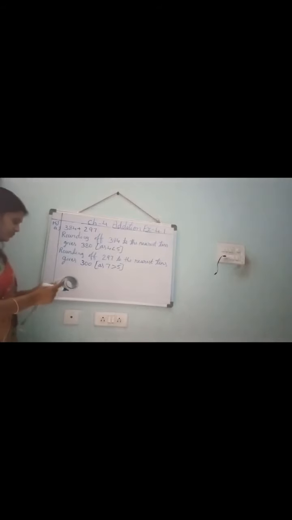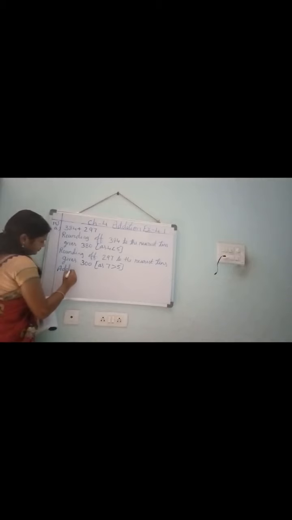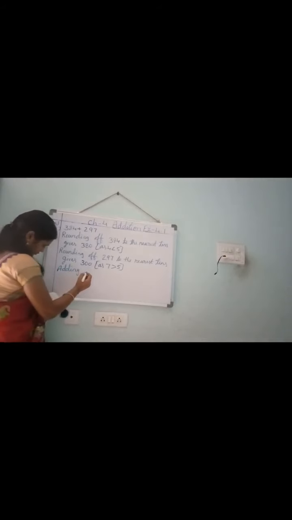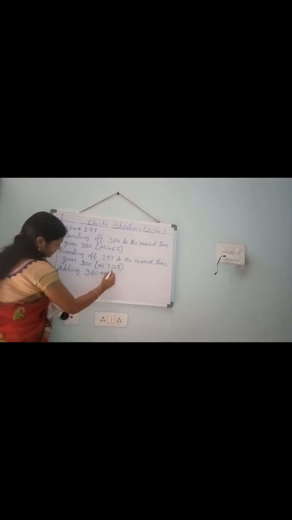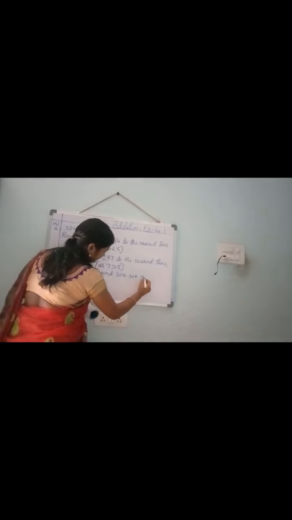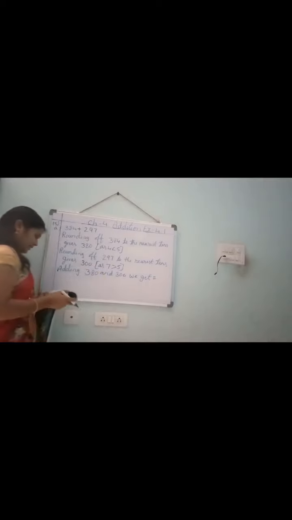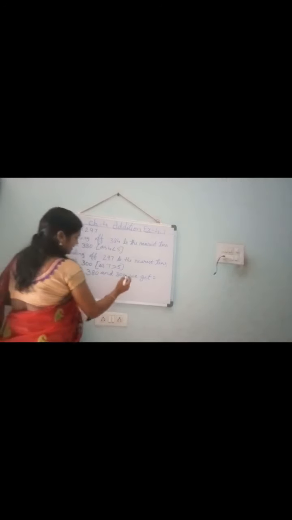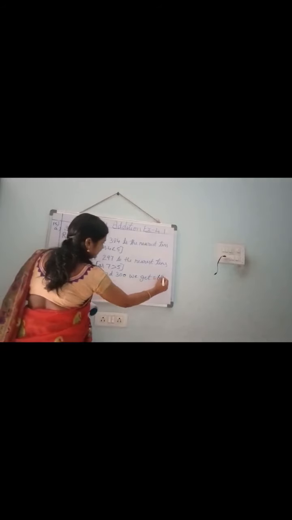Understood, children? Now, adding 380 and 300, we get, how much you'll get? Tell me. 680.